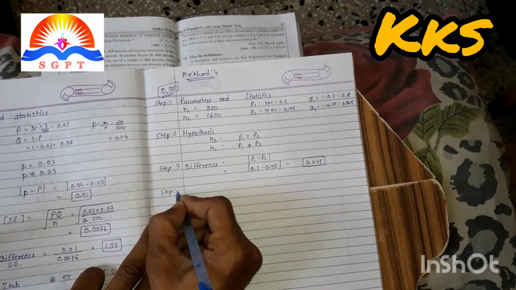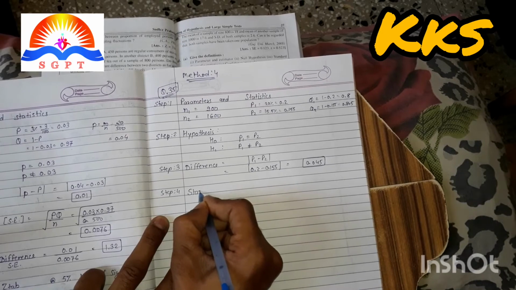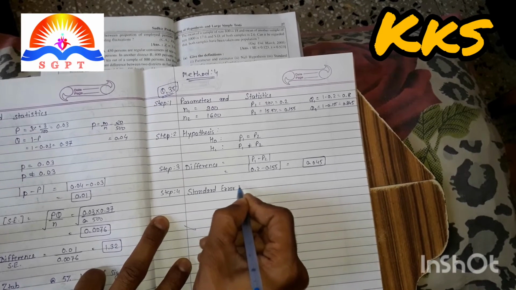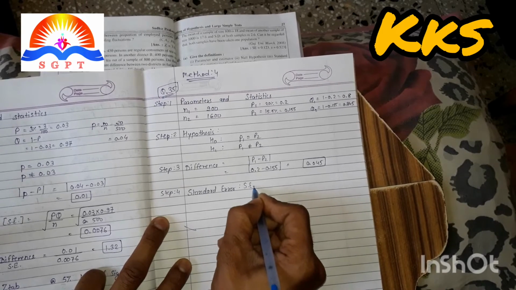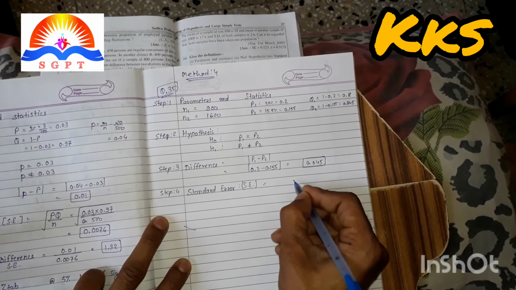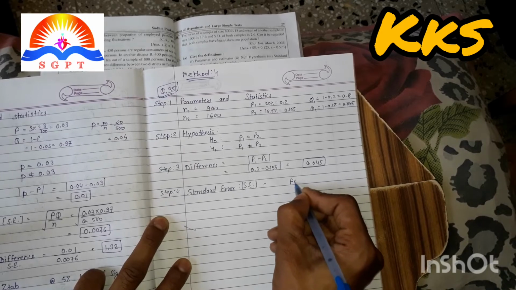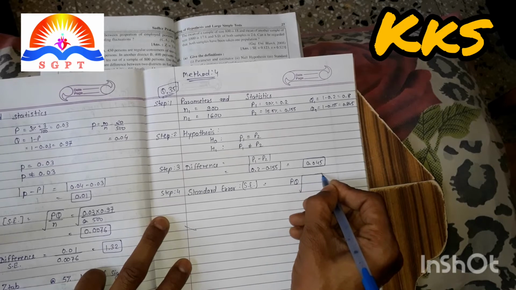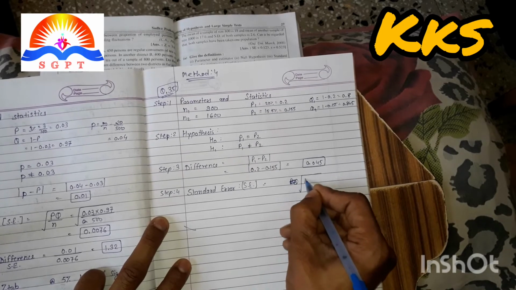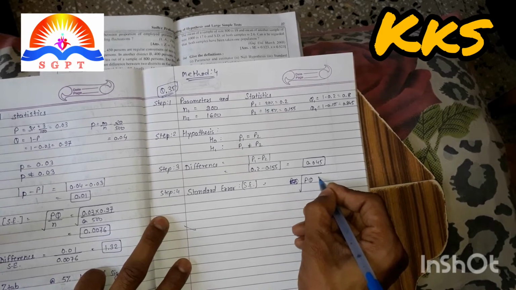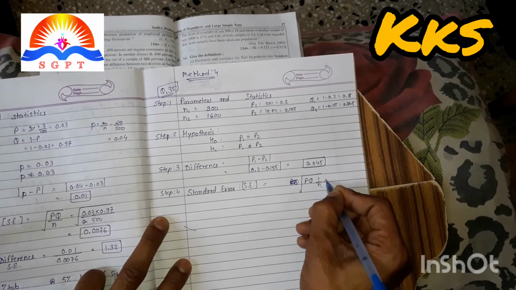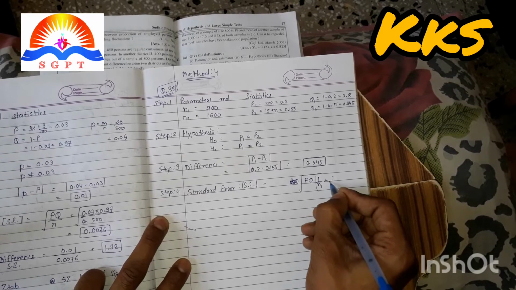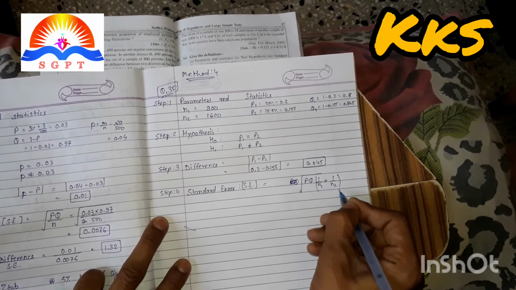Now step 4, the standard error. Here is the formula: square root of P cap Q cap into 1 upon N1 plus 1 upon N2.